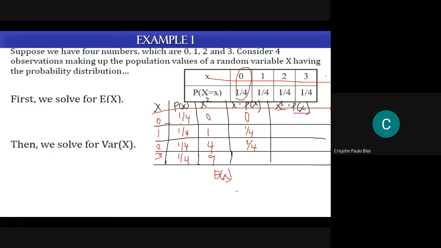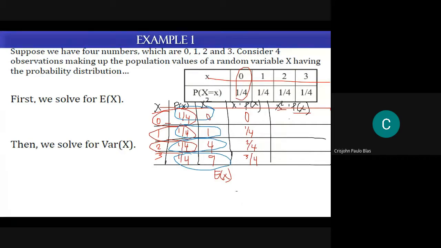Sige, ako na muna rito. Ikaw na sa x squared times p of x. Ito ay 3/4. Fraction na lang. Mas maganda. Ito, si x times p of x. Next naman tayo, we have the x squared times p of x. Ito naman, let me use blue. Okay, Santo Domingo. Ulit tayo.